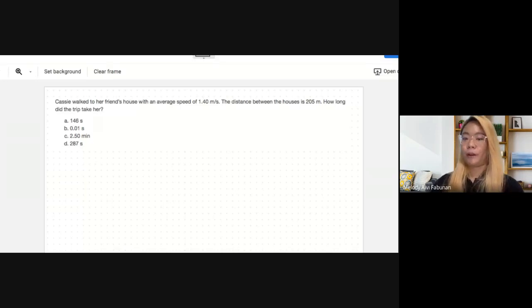So before we start answering, I will be showing you this triangle, and this is something that you can use until you reach grade 8. In this idea of the triangle, our speed is equivalent to distance divided by time.